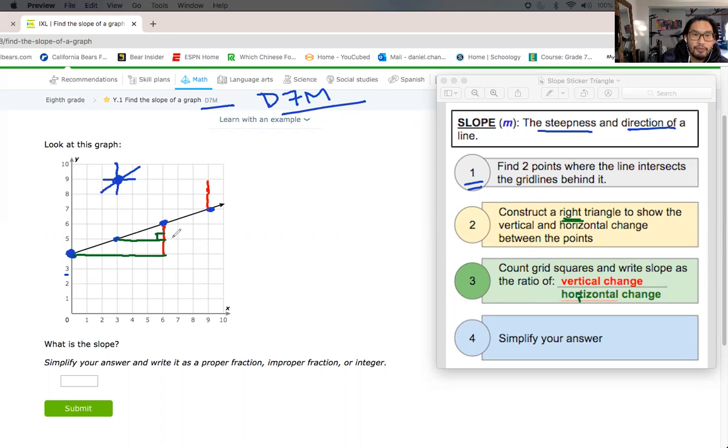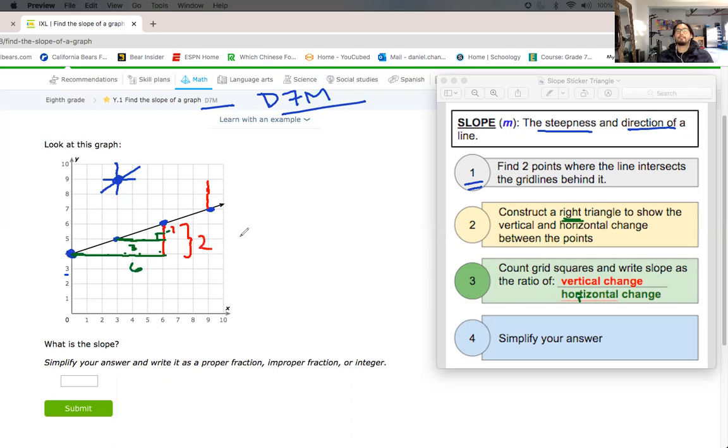Anyways, for this first triangle, I can see that I have 1, 2, 3 squares underneath. And for the second, bigger triangle, I have 1, 2, 3, 4, 5, 6 underneath. My vertical change is 1 box for the small triangle and 2 boxes for the big triangle.